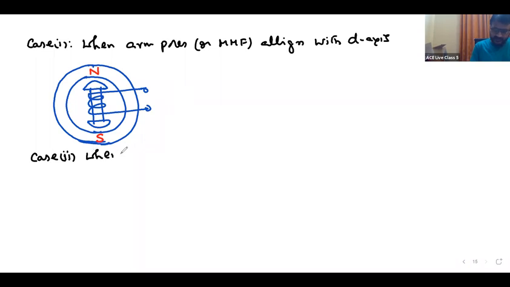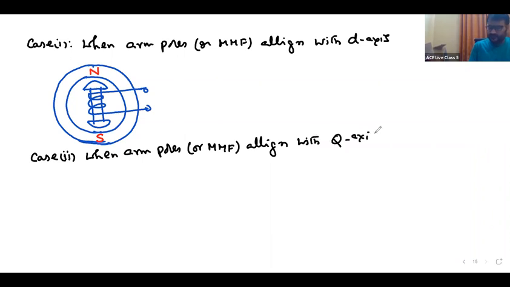When the armature poles' MMF aligns with the Q axis, the quadrature axis. We are going to observe for 2 cases.